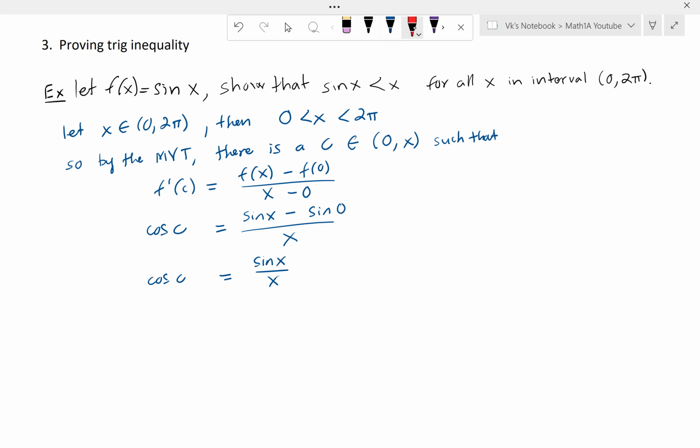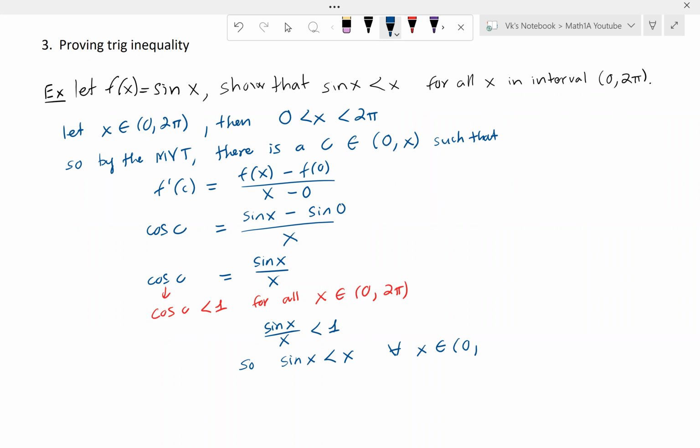And we know that cosine c is less than 1 for all x in the interval from 0 to 2 pi. What this means is sin x over x has to be less than 1. And so sin x is less than x for all x in the interval 0 to 2 pi.